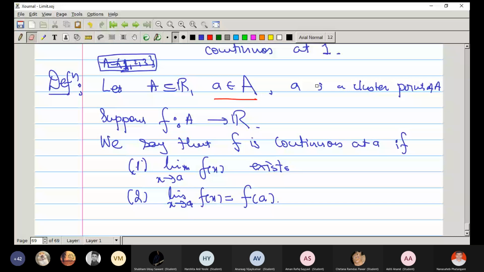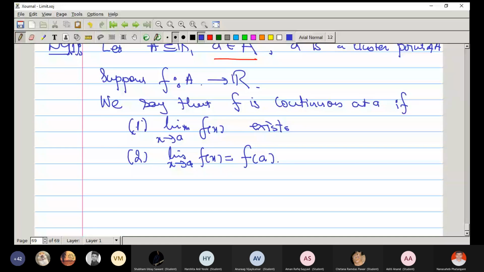So a must be a cluster point of A, and I am saying that this is definition 1. Why 1? That we will come to know later on. So a is a point of A and a is a cluster point of A. Suppose f is a function defined on A, so of course f of a exists.